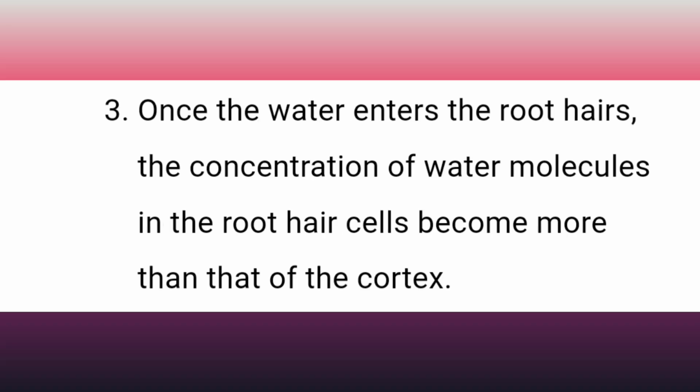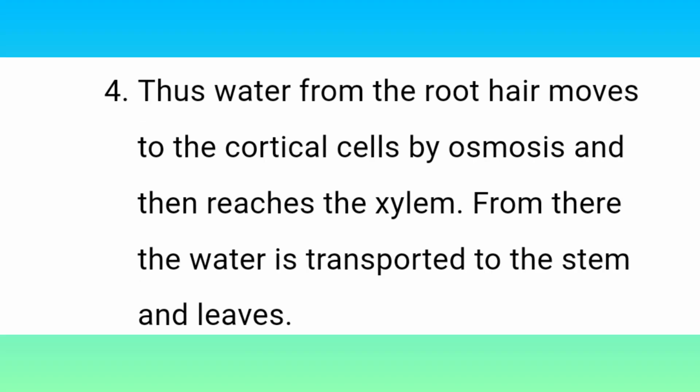Third point, once the water enters the root hairs, the concentration of water molecules in the root hair cells becomes more than that of the cortex. Fourth point, thus water from the root hair moves to the cortical cells by osmosis and then reaches the xylem. From there, the water is transported to the stem and leaves.